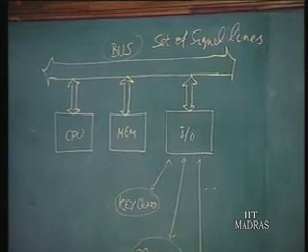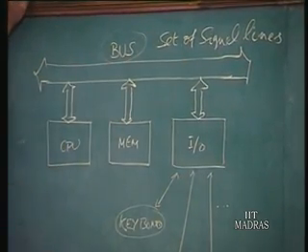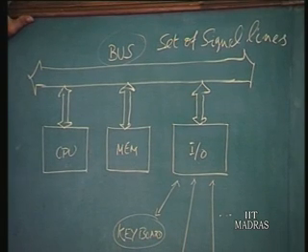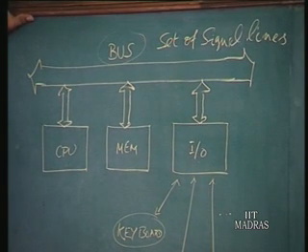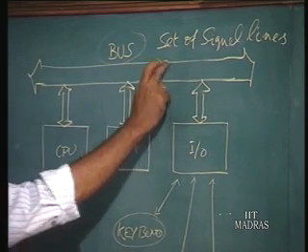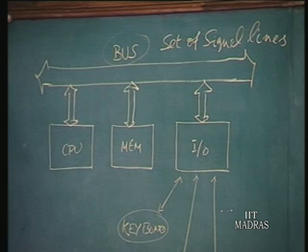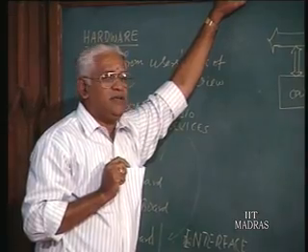Now, this in fact is the total system, and for the moment we will forget about the software, because that will have to be studied from a slightly different perspective. When we talk about this, obviously the signal lines must be defined, that is, the sequence in which the signals go over the lines must be defined.